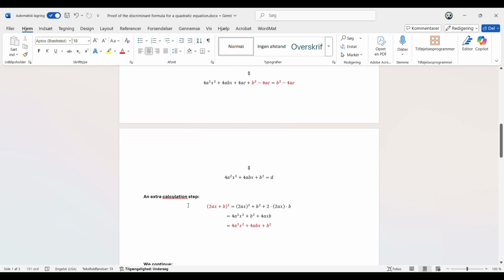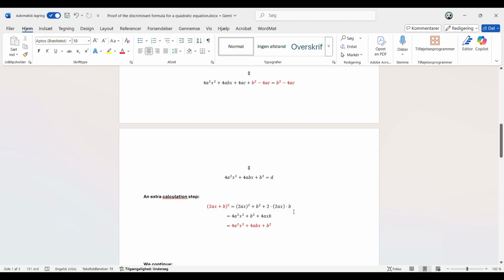Now we just take a step back and look at what this parentheses squared is equal to. We have got some expression up here on the left side, and we want to do something about it. We look at this parentheses, which is also a good idea: the expression 2ax plus b is squared. So we have to say this first term squared plus this term squared plus 2 times the first term times the second term inside the parentheses.